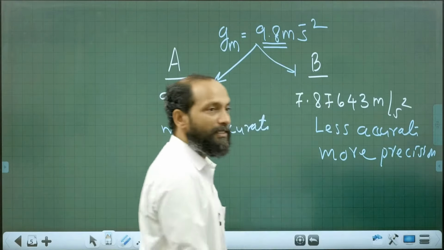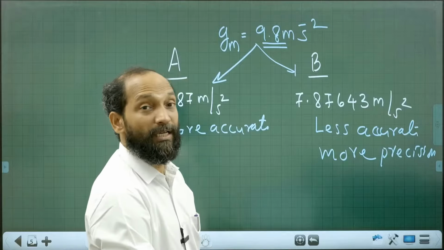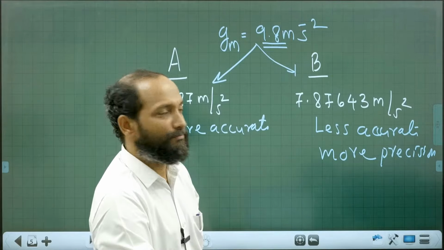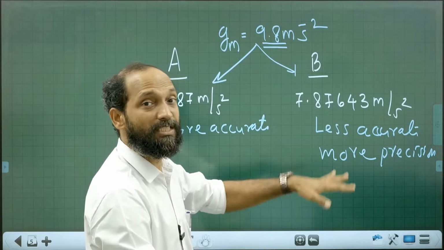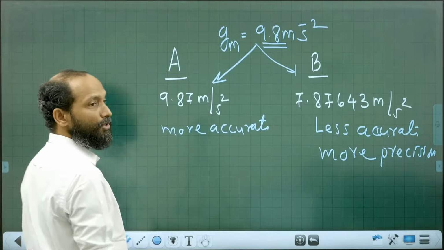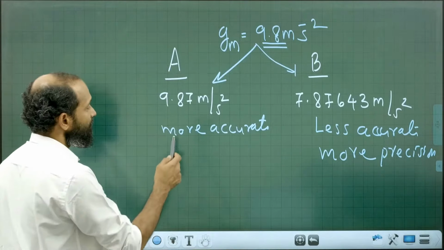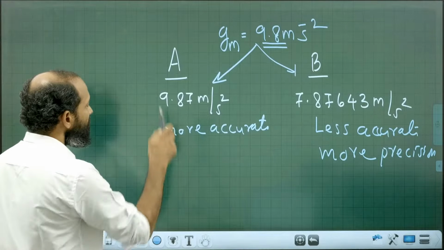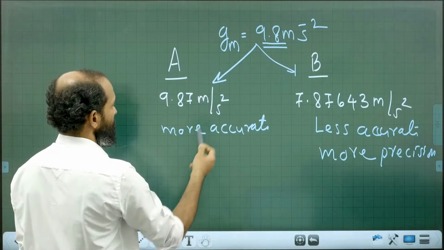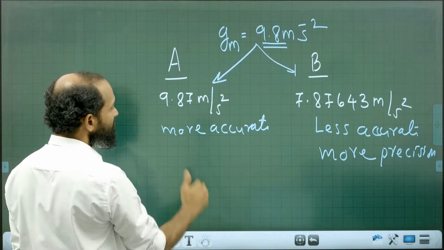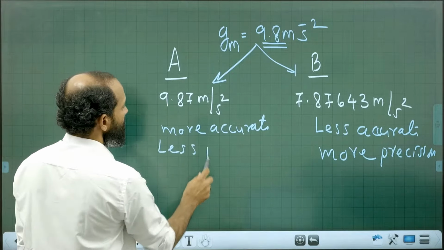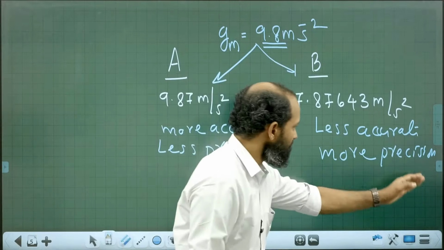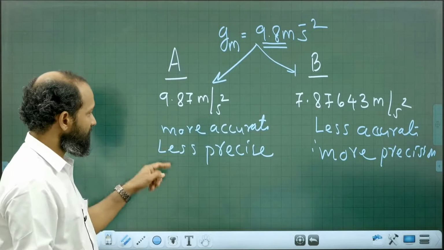That precision may be due to a device with a smaller least count, because he could measure up to more decimal places. But A could not measure up to many decimal places because he has a device with a large least count. When the least count is more, precision is less. That is why A is less precise. B is more precise and less accurate. A is less precise and more accurate.